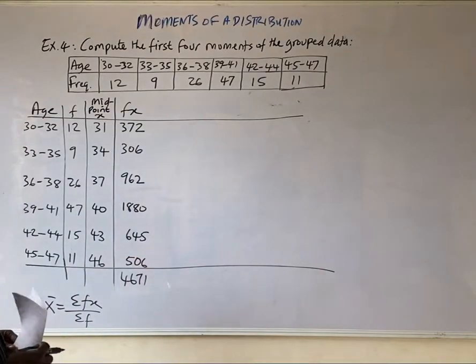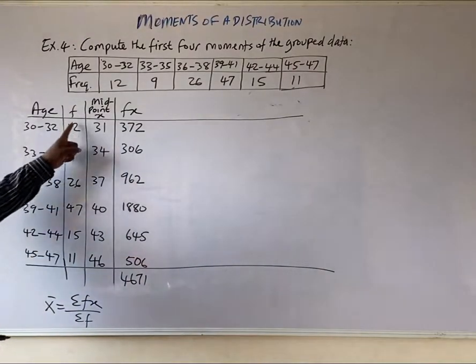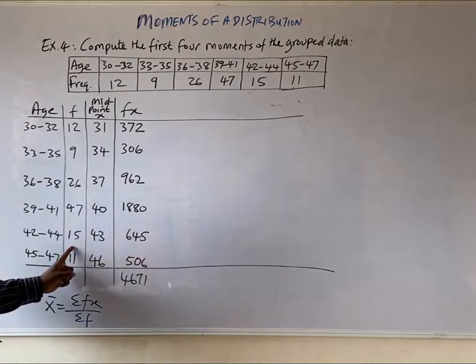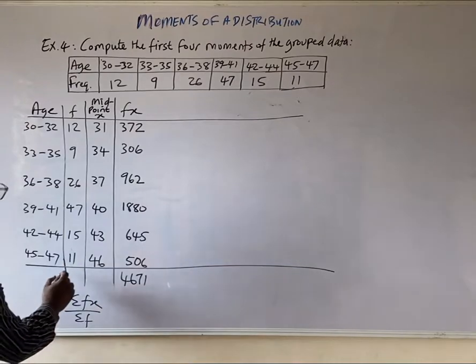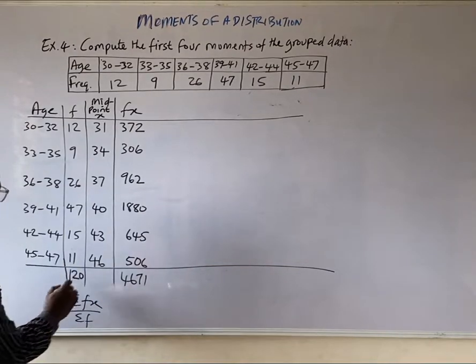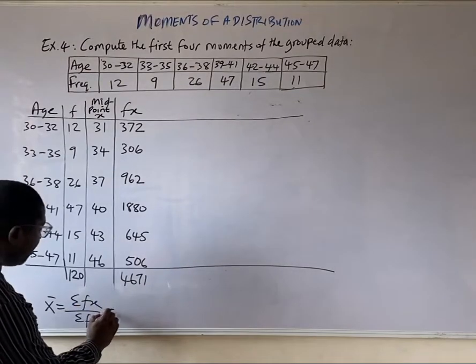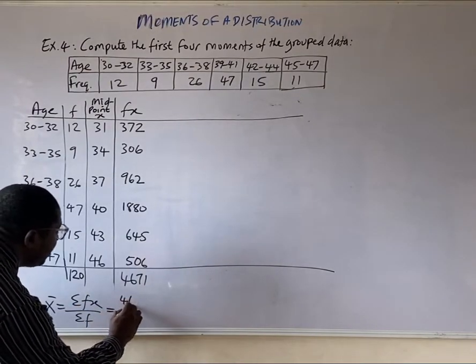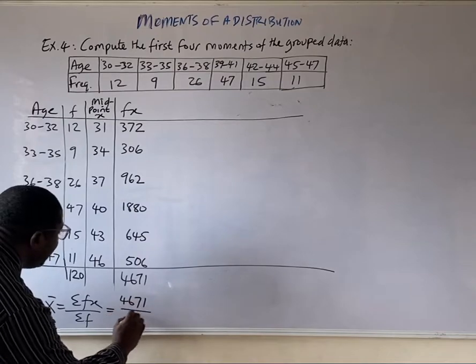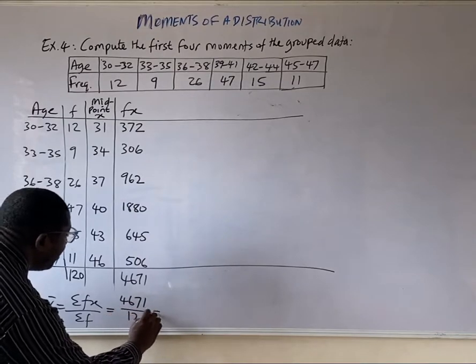Okay, thank you. Then the summation of f, the sum of the f values, is 120. So to find the mean, it will be 4671 divided by 120.